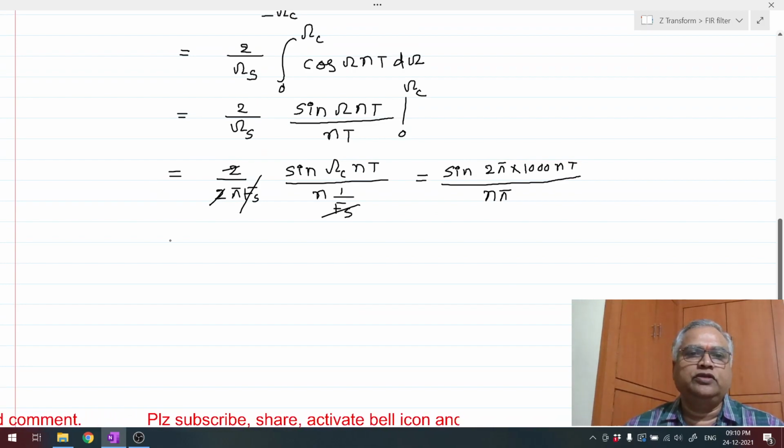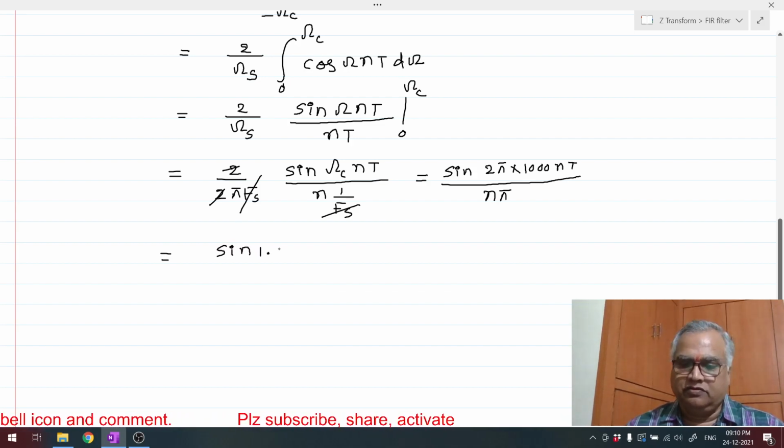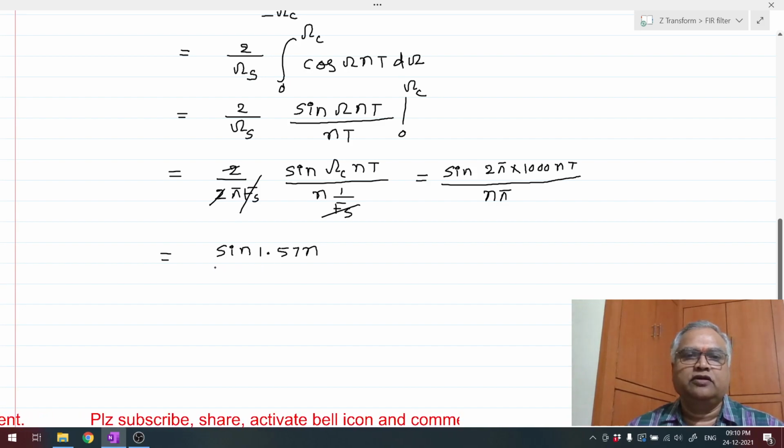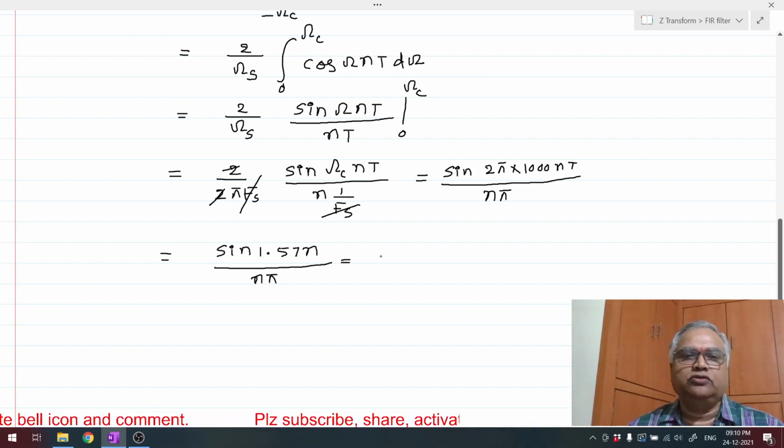To simplify this further, we will get sin 0.57 n by n pi, which is equal to sin 1.57 n.